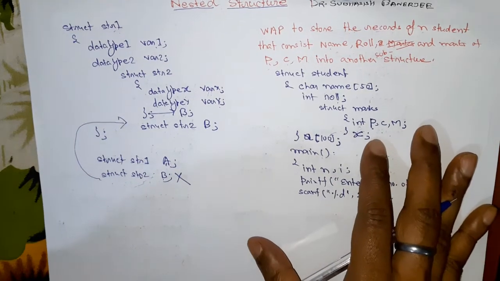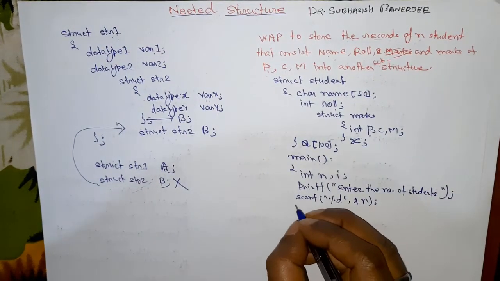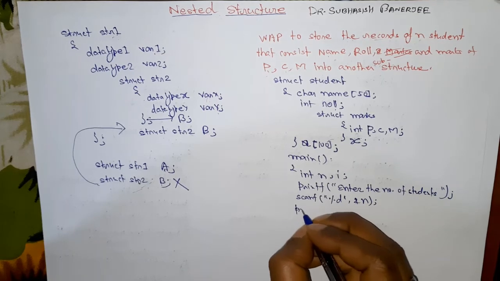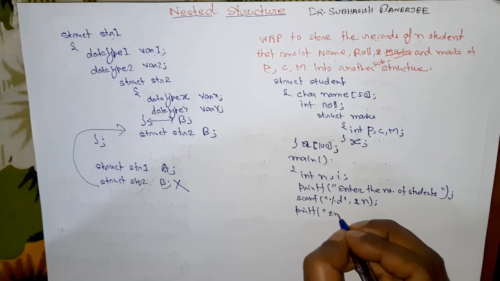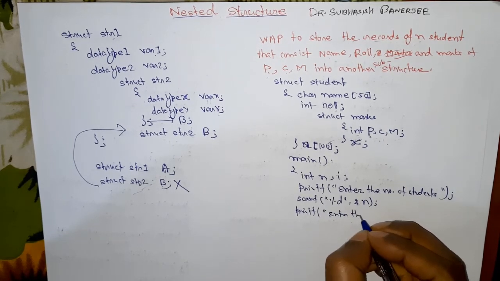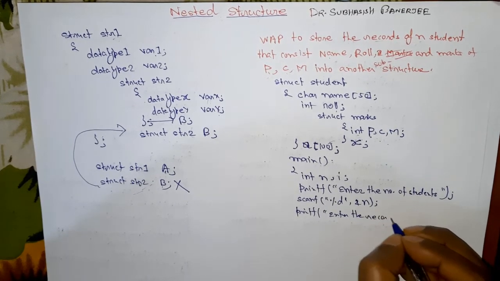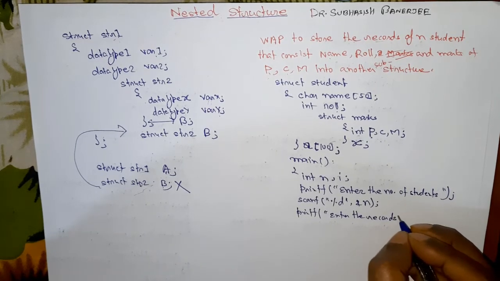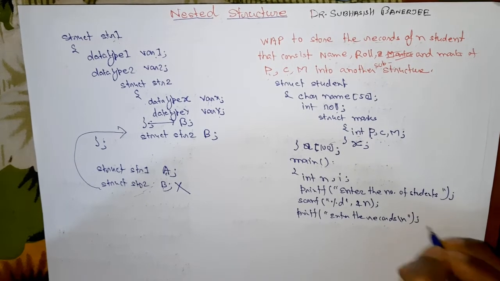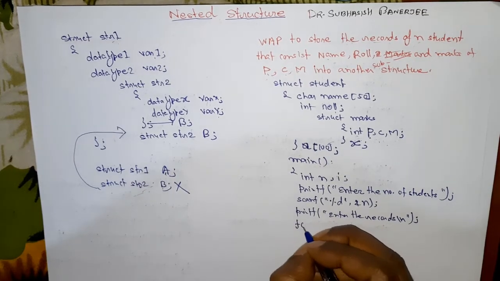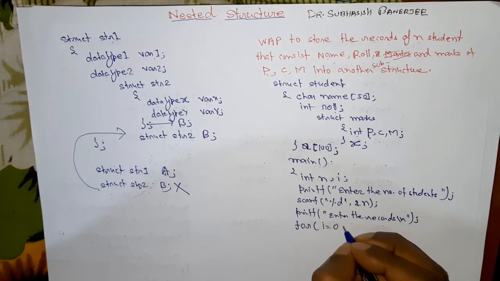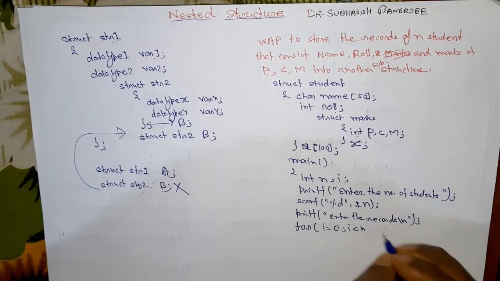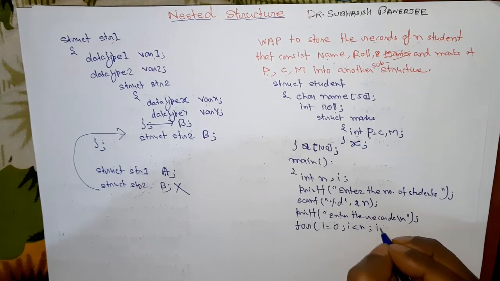Now n is ready. Now we have to store the record about n students. So simply write printf enter the record, and you may give \n for the new line. Here you may use the loop for i, starting from 0, with i less than n, and i plus plus.